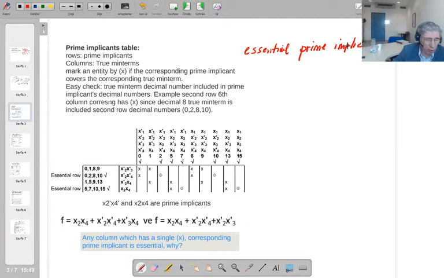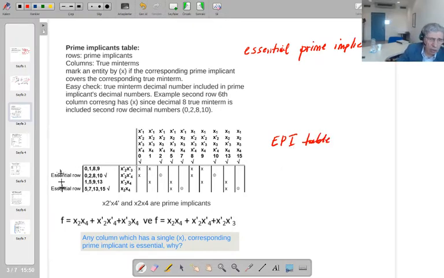Minimal functions include essential prime implicants. That is guaranteed. So in the previous stage, I found prime implicants. How am I going to find the essential prime implicants? We are going to make an essential prime implicant table.